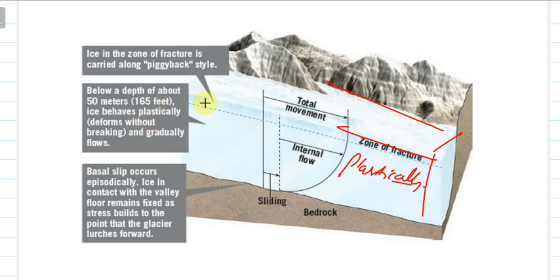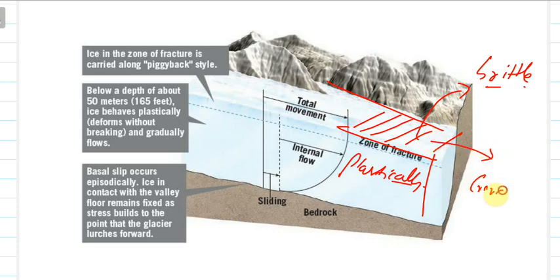Over the top, it is brittle in nature. Due to this brittleness, the top of the glacier is also known as the zone of fracture, और यहाँ पे आपको crevasses भी बहुत देखने को मिलेंगे. Crevasses are basically deep fractures present at the top of the glacier.